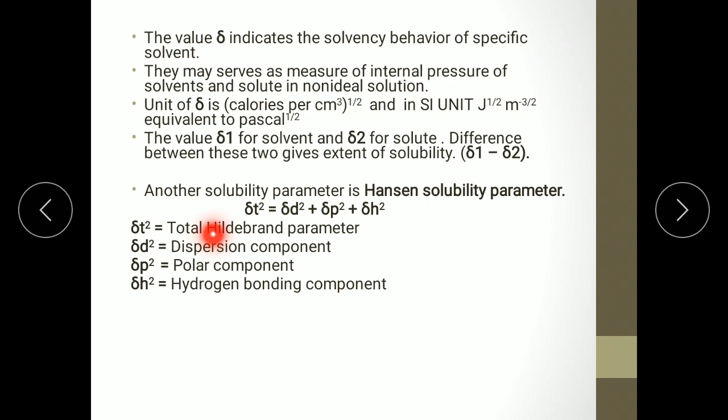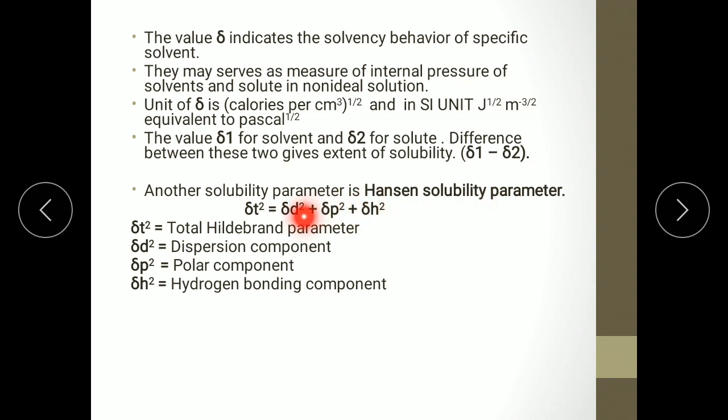Now another solubility parameter is the Hansen solubility parameter. It is given by delta T square equals delta D square plus delta P square plus delta H square. This Hansen solubility parameter is also used to check the extent of solubility of solute or the solubility behavior of solvent also.